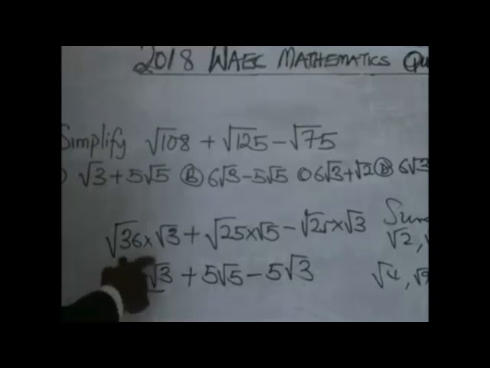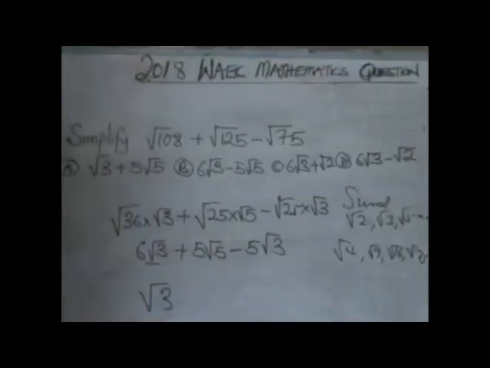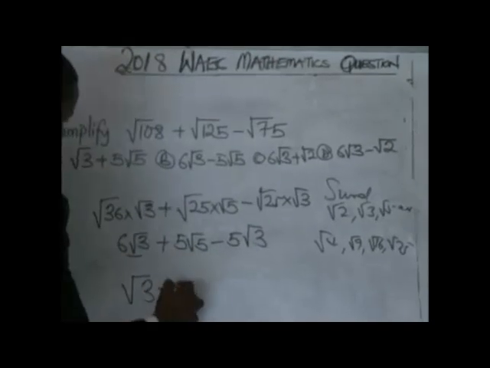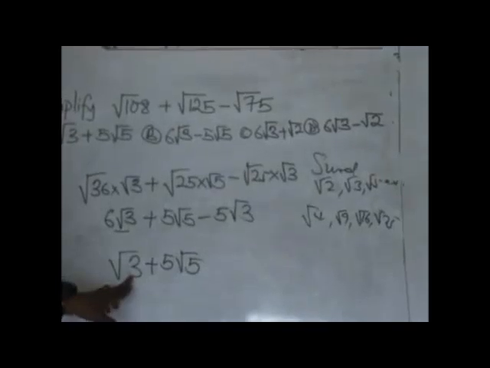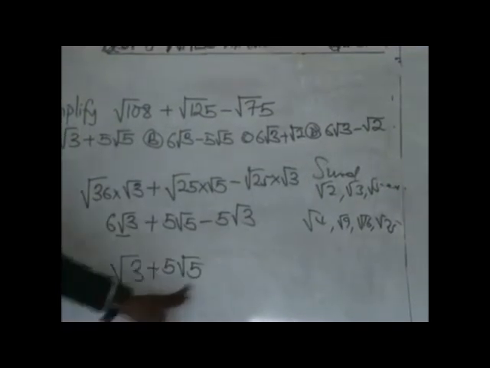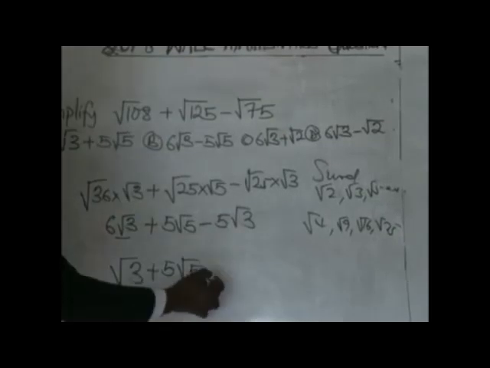So 6 root 3 minus 5 root 3 will give you root 3, plus 5 root 5. Under this condition, what you have here and what you have here are different. You have root 3 here, you have root 5 here. You cannot further simplify this expression, so you leave your answer here. Our correct answer is option A.